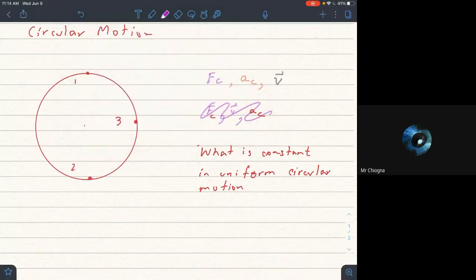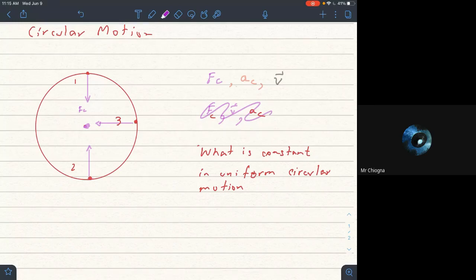So FC for each is always pointed towards the center. Here's the center. That's FC. FC will just be purple. I'll just go by color. The center should be roughly there. So the purple is FC. And it is constant.